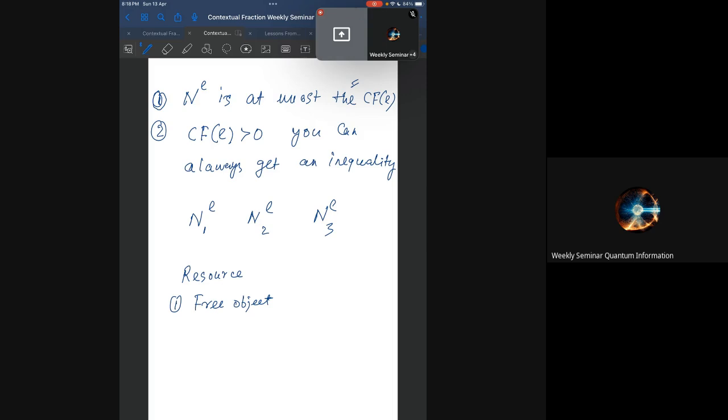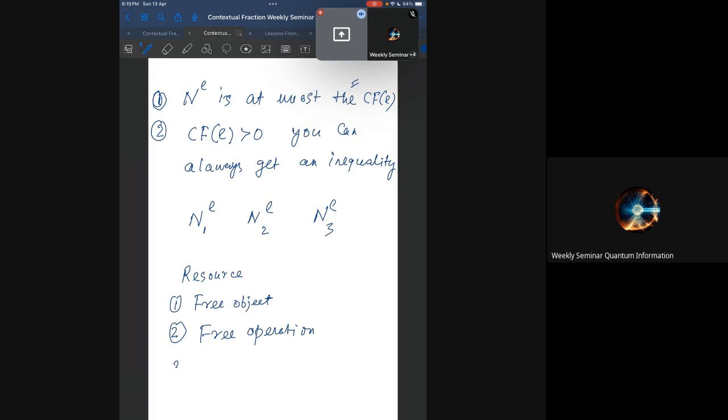And what is the free object? The product states. Second is free operations: those operations under which the resource does not increase. For entanglement, it is LOCC. For non-locality, it is LOSR, and so on.